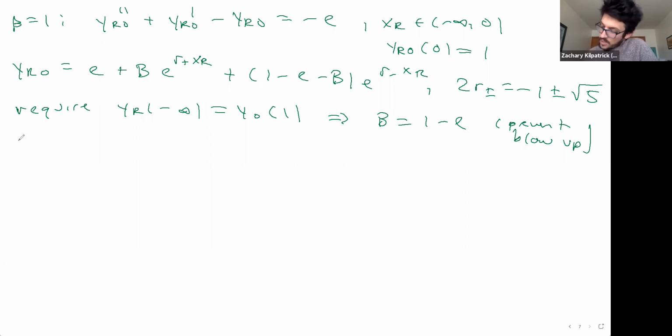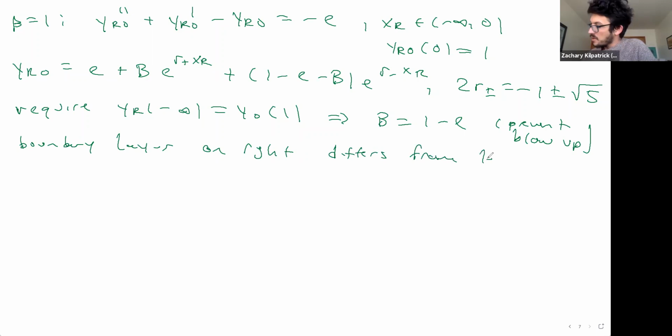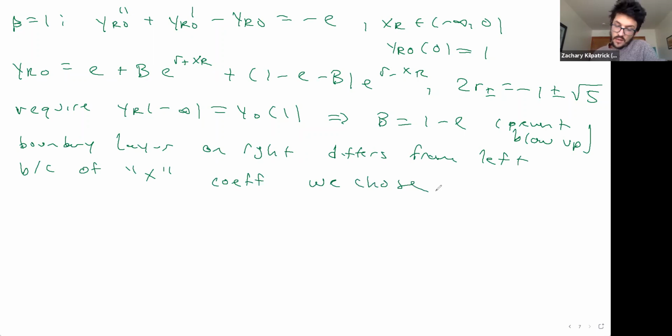So the boundary layer on the right differs from the left because of the x coefficient we chose here, right?